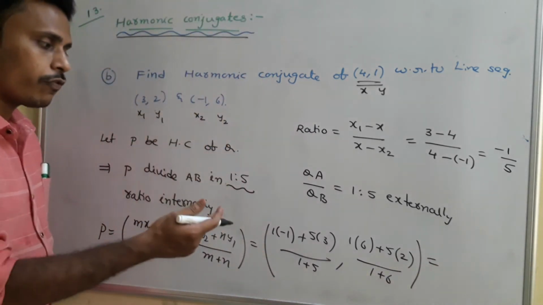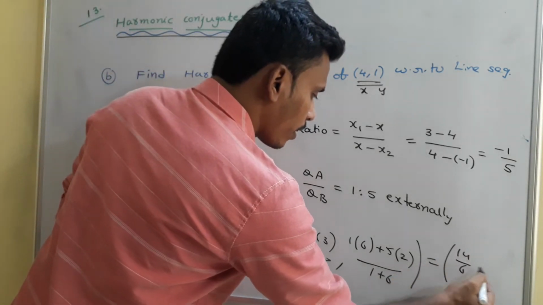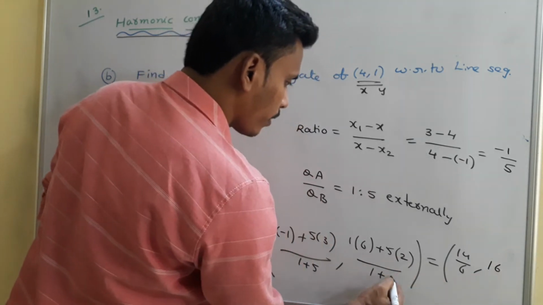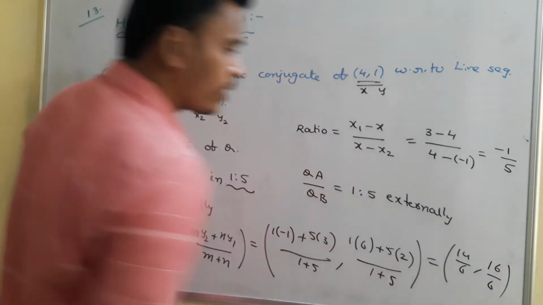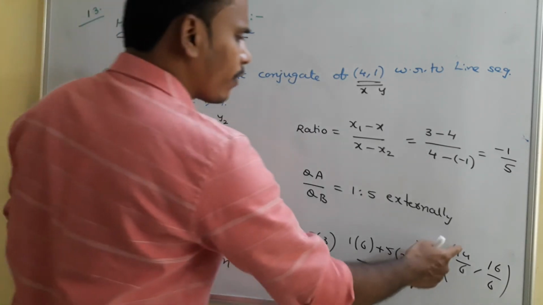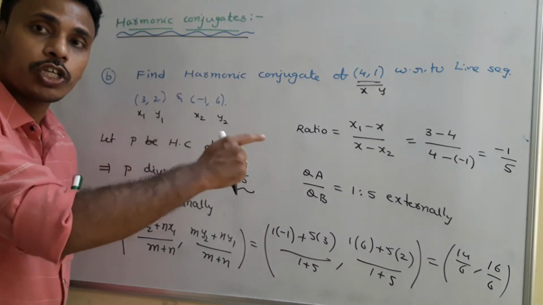If you simplify, 15 minus 1 is 14 by 6, comma, 10 and 6 is 16 by 6. So at the end, 14 by 6 and 16 by 6, if you simplify, it is 7 by 3 and 8 by 3, which is the point P, the harmonic conjugate of Q.